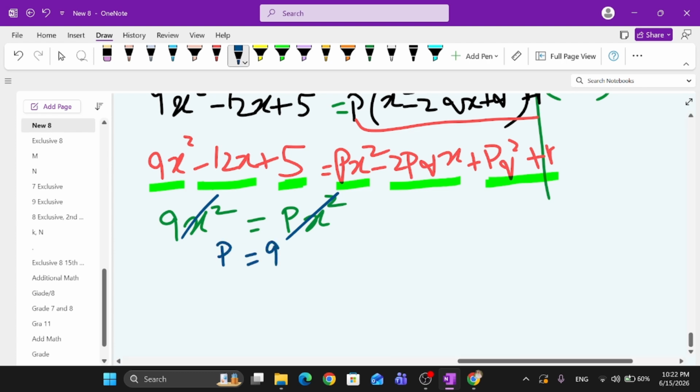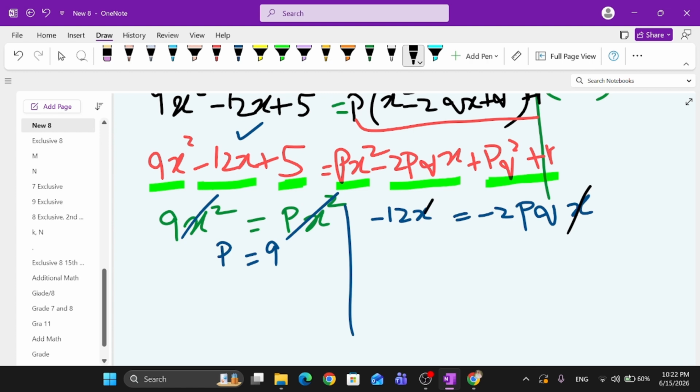Okay. Now we can do the same thing for the x term. Negative 12x is equal to negative 2pqx. If we cancel out x from both sides, and the negative sign also can be cancelled out from both sides, we can say 2pq equals 12. Instead of p, we put the value of p which we calculated first, that is 9.